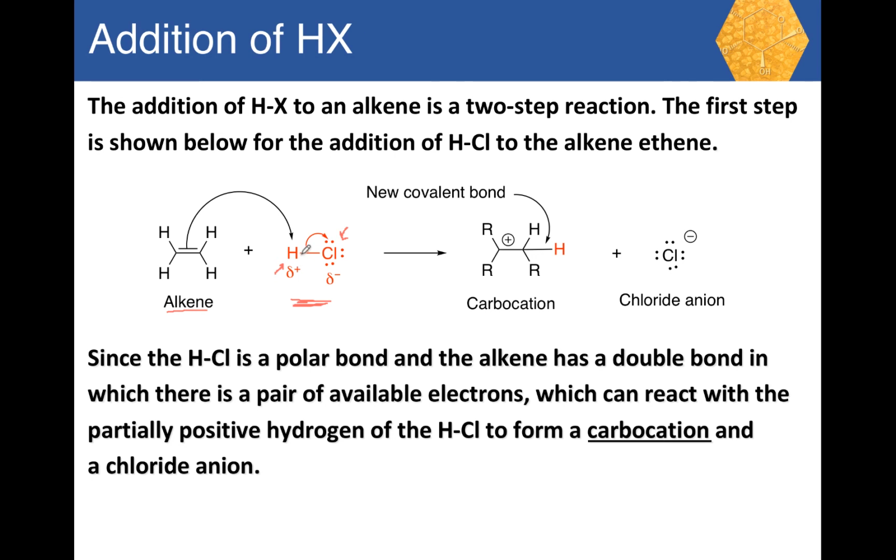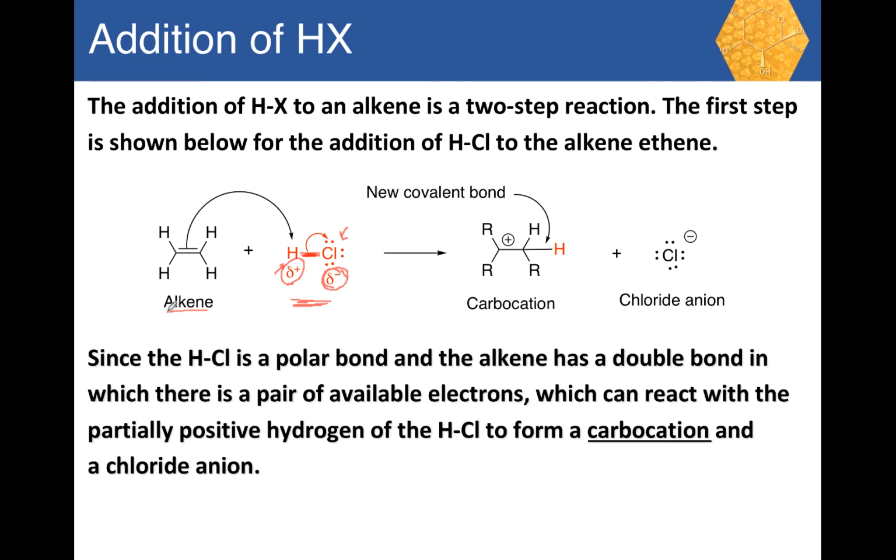This is a polar covalent bond. So the electrons in this polar covalent bond are attracted to the more electronegative atom, chlorine. Hence we say it's partially negative. Remember that term delta, which means partial negative, and this hydrogen is partially positive, delta positive.